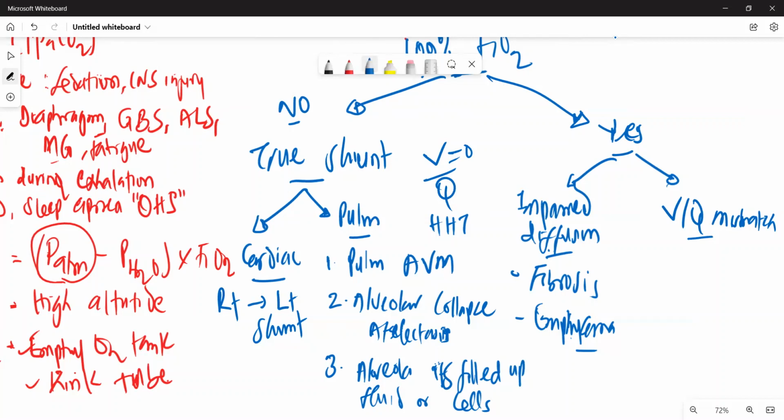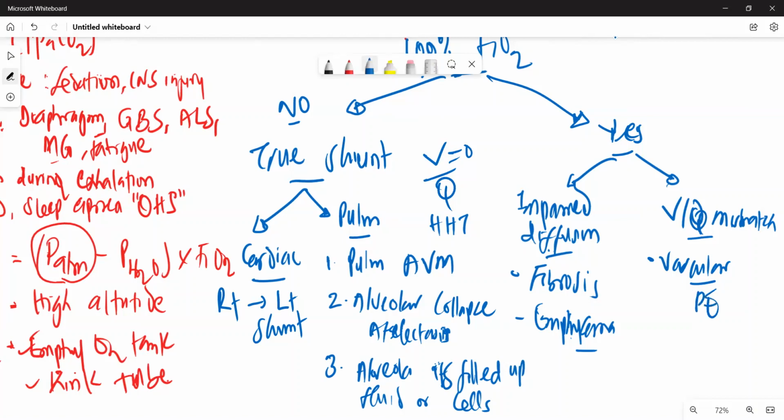So for example, I divided them into vascular, alveolar cause, or airway disease. Let's start with the vascular under VQ mismatch. We expect the vascular to be affecting the what? The perfusion. So the perfusion is decreased, but it's not zero. A classic example is somebody who has a PE, pulmonary embolism.